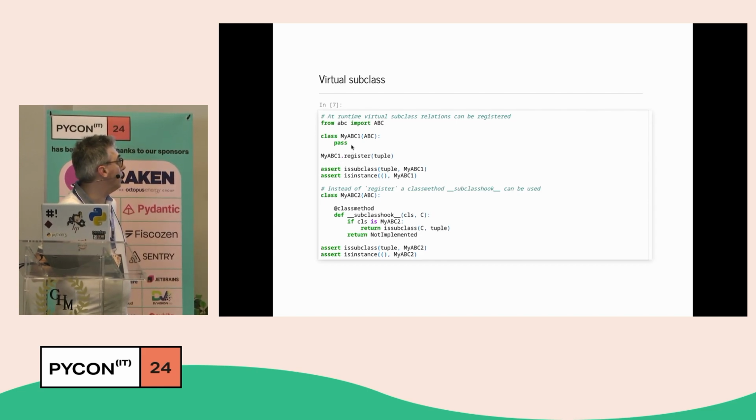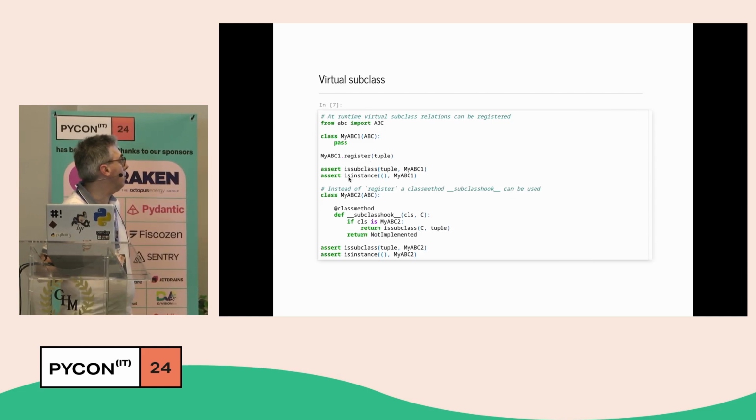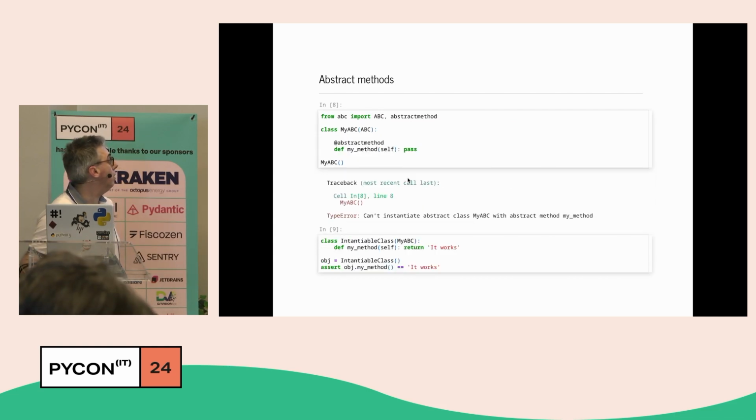If you have a metaclass derived from ABCMeta, you can register, in this example, a tuple as a subclass of your ABC, and an instance of tuple is also an instance of your defined abstract base class.